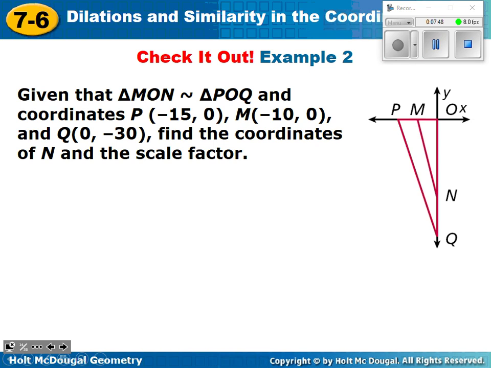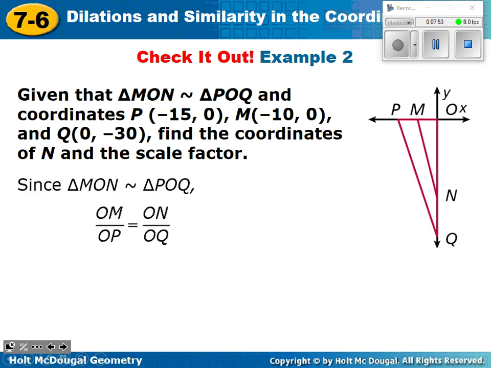All right, let's look at one more. So here's this one. You guys go ahead and try it. See if you can find the coordinates of N and the scale factor.